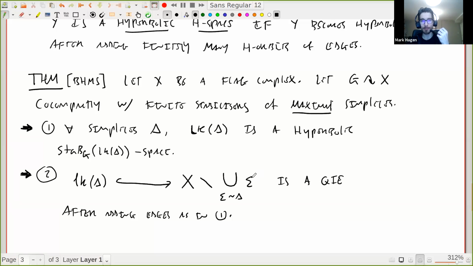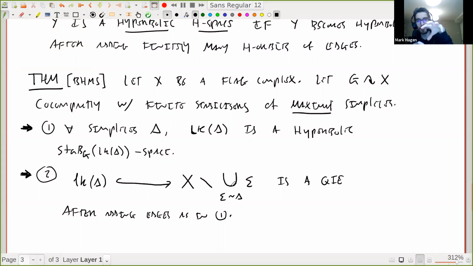There might be other simplices that do that. So when I write sigma twiddle delta, what I mean is sigma is some other simplex that has the exact same link as delta. So this is asking that the link has this interesting geometry, but it's all being killed by being a link.